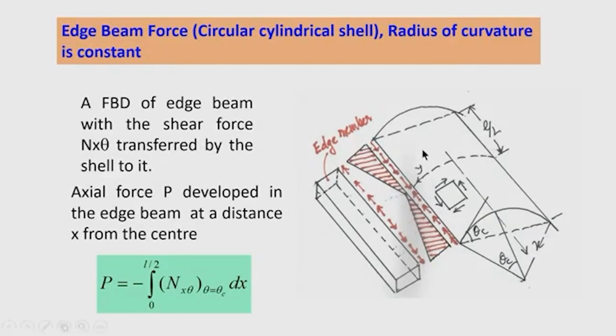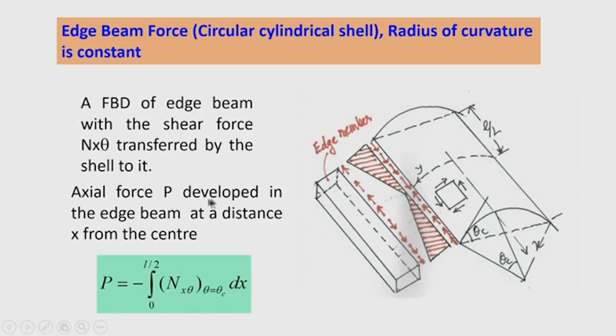You can see here the n x theta. If we see the expression for membrane shear force, it is n x theta is equal to minus k x, that is at x is equal to 0, membrane shear stress is 0, and it is maximum at the ends. So, one is in the negative direction and the other in the positive direction. So, let us find the resultant force.